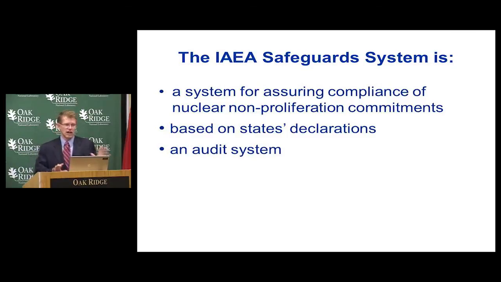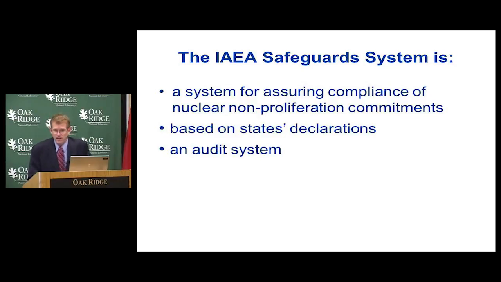So, to summarize, the IAEA system is a system whose objective is to assure compliance of the country with all of its non-proliferation commitments. The basis for the system are the declarations that these countries voluntarily provide to the IAEA.